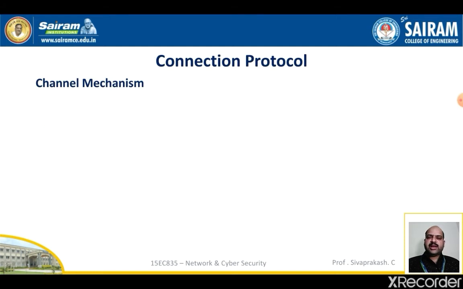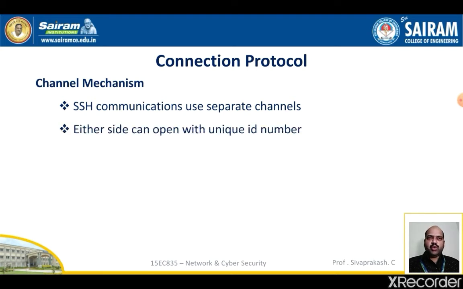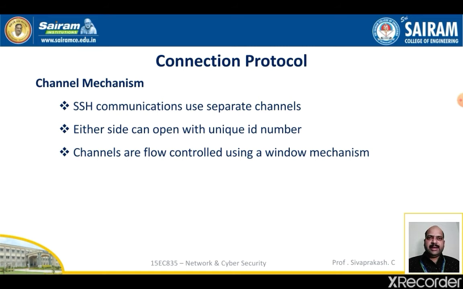Next one, channel mechanism. All types of communication using SSH, such as terminal sessions, are supported using a separate channel. Either side may open a channel. For each channel, each side associates a unique ID number, which need not be the same on both ends.